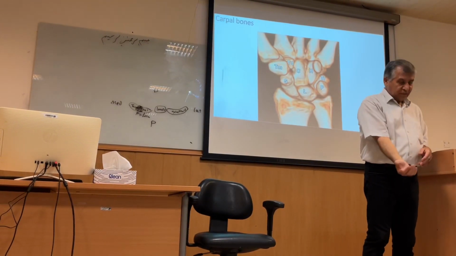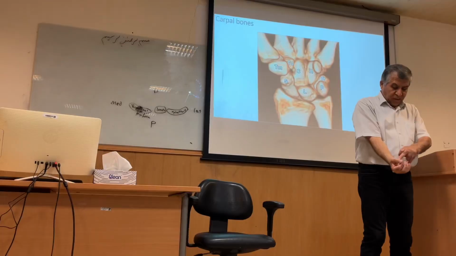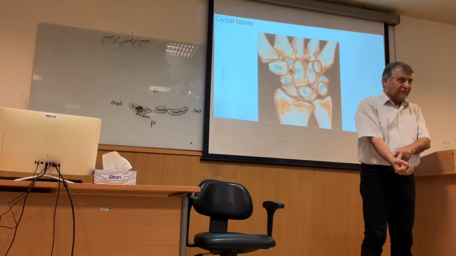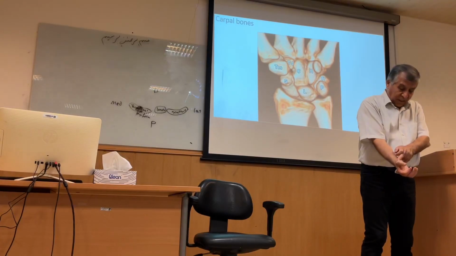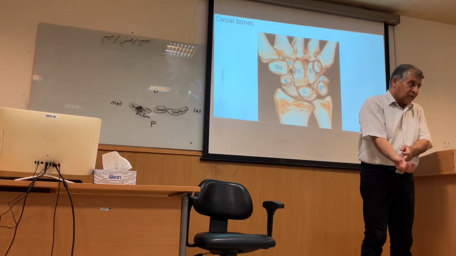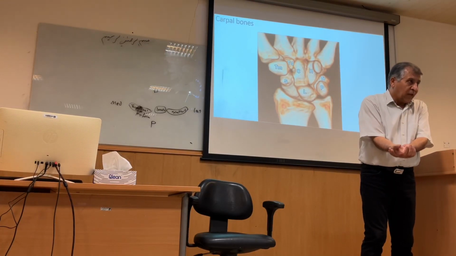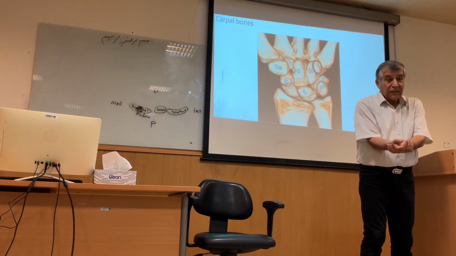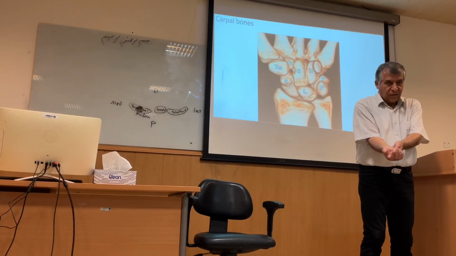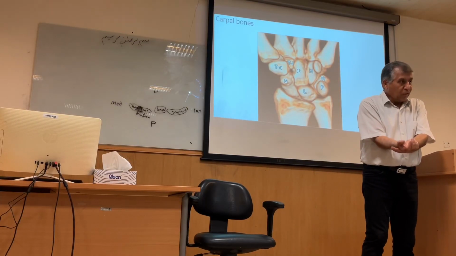Anterior surface of the wrist, you can see some creases. Distal crease. In the medial side, you can touch this bone.